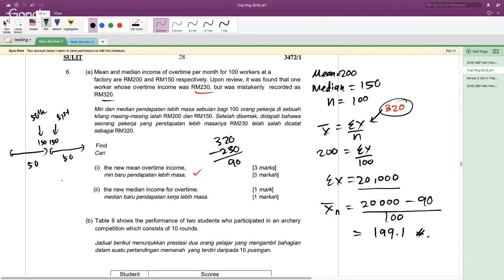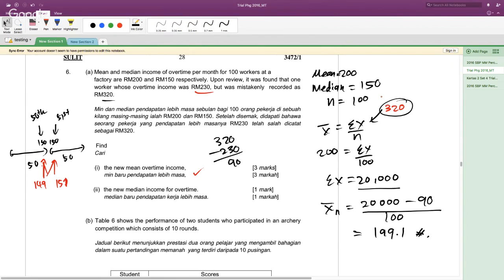Or one of them maybe is 149, and the other one should be 151, sorry, 151. Then you can get a median equal to 150 as well.